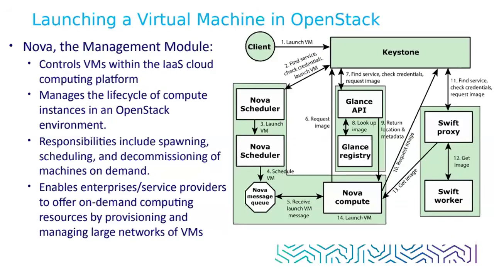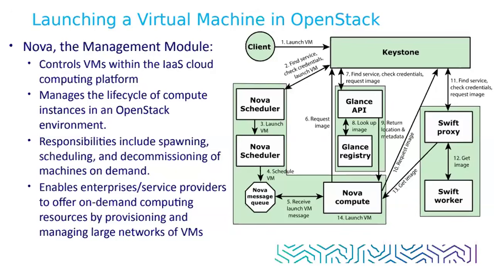We need to understand how launching a virtual machine in OpenStack happens. While Keystone manages the security, on the other hand, we have a module called Nova, which manages the compute resources, especially for the virtual machines. Nova is the OpenStack compute management module, responsible for creating, controlling, scheduling, and managing the virtual machines in an infrastructure as a service cloud.